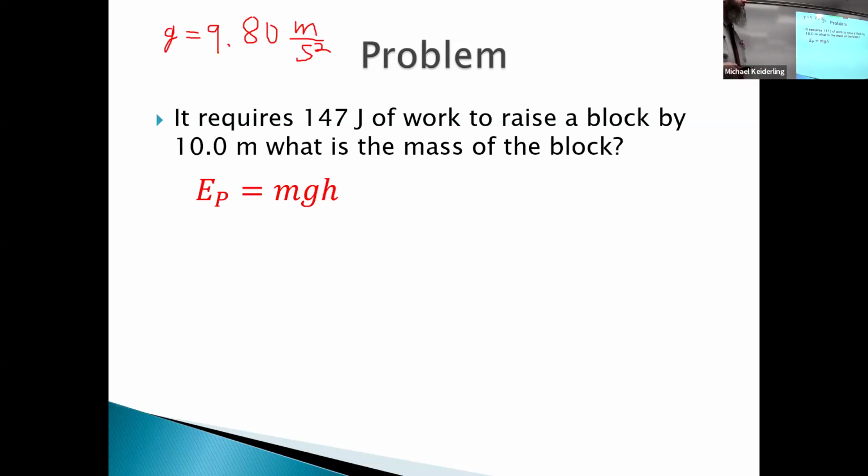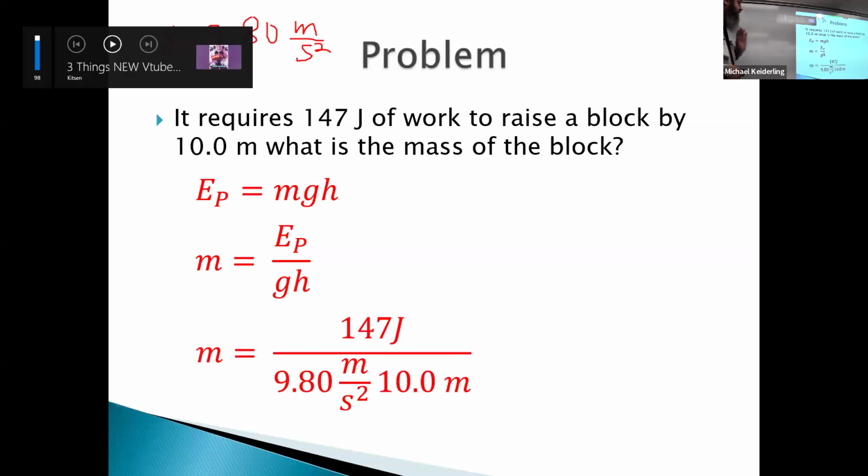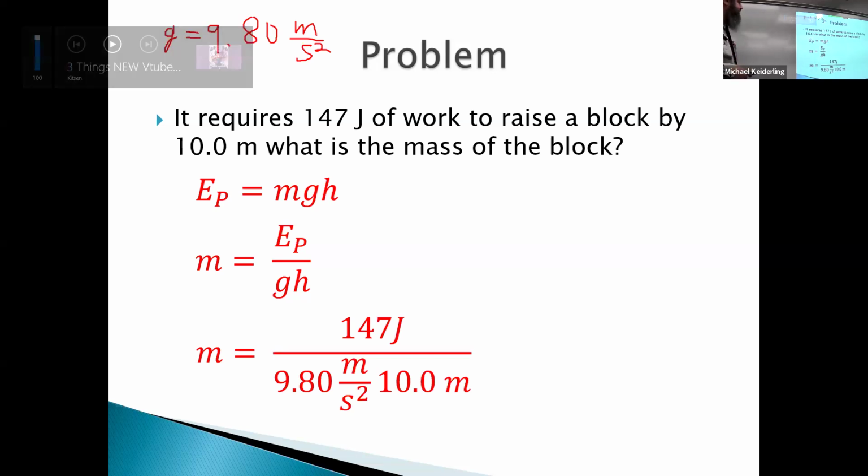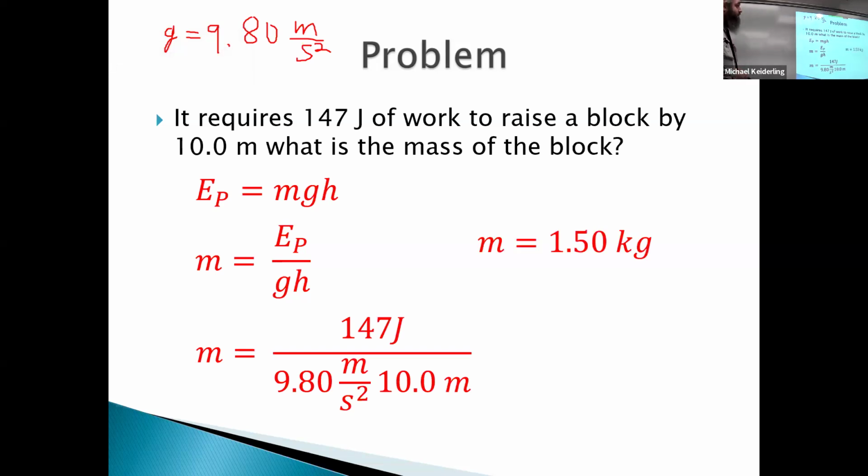Potential energy is mgh. Mass is going to be potential energy over gh. So mass is going to be 147 joules divided by 9.8 meters per second squared times 10 meters, or 1.5 kilograms.